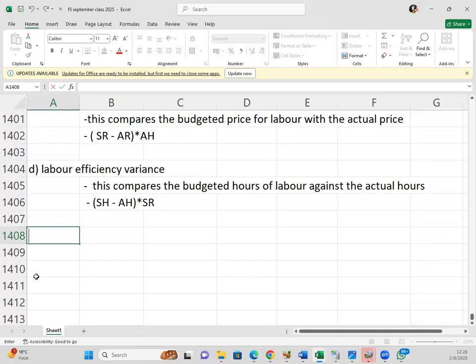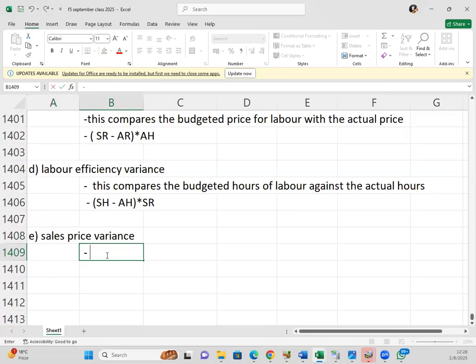So for the sales now, they oppose the cost variance. So we start with the sales price variance.